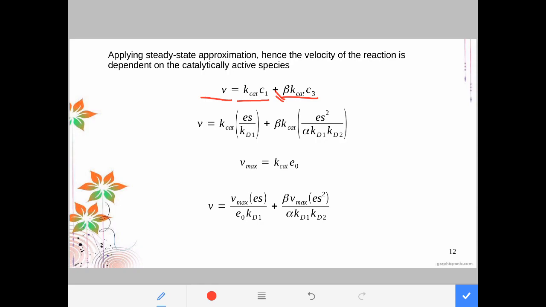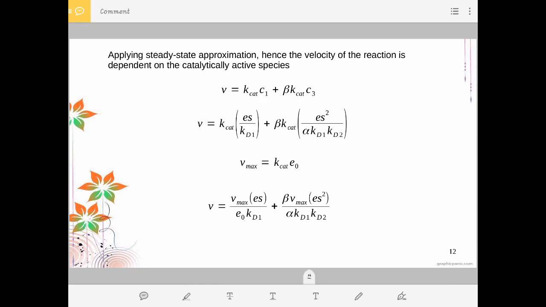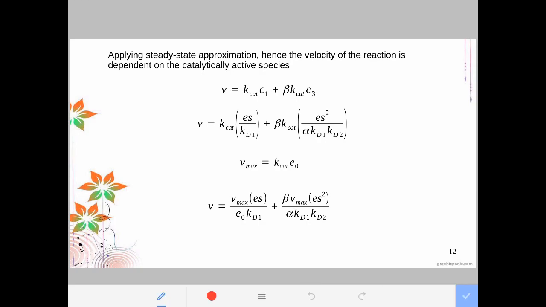Anyway, we'll go back to that later, as I told you. Now we have this generalized equation V is equal to k-cat C1 plus beta k-cat C3. Now we have your velocity equation in terms of C1 and C3 variables. So you have 2 variables and the constants k-cat and beta k-cat. So basically 2 constants and 2 variables.